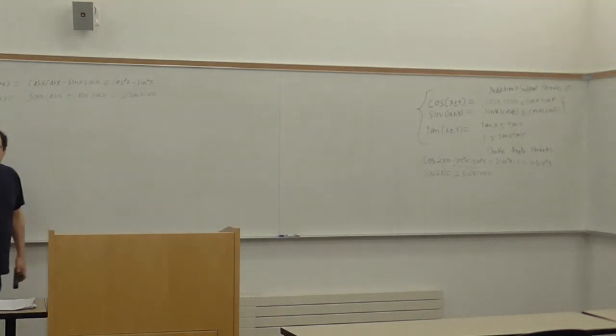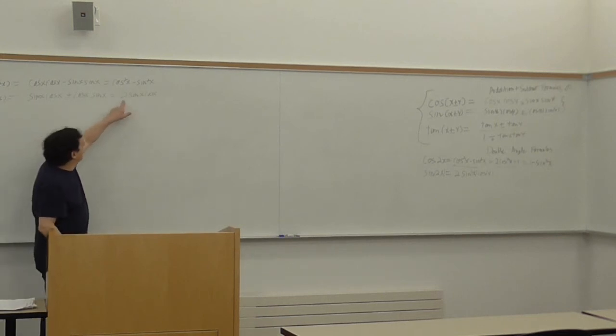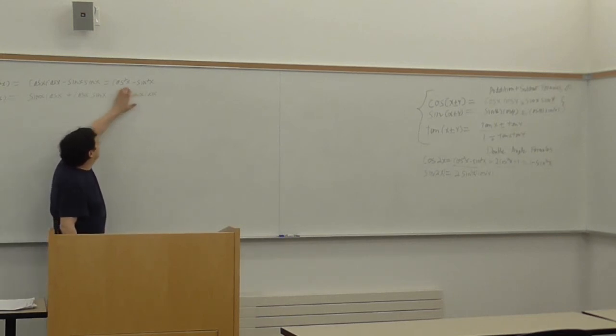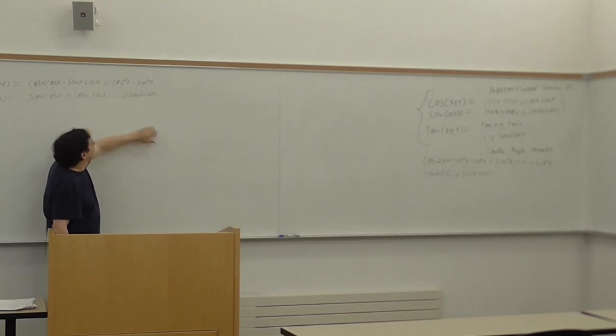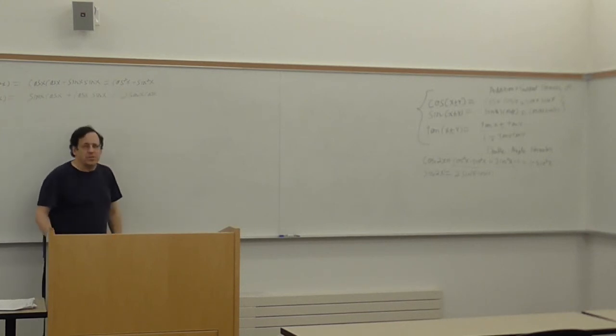Not much else you can do with that. I know this shows up a lot in calculus. You'll end up with this, or you'll end up with this, and you'll just want one function, and then you go, aha, that's sine of 2x over 2, right? Comes up a lot.